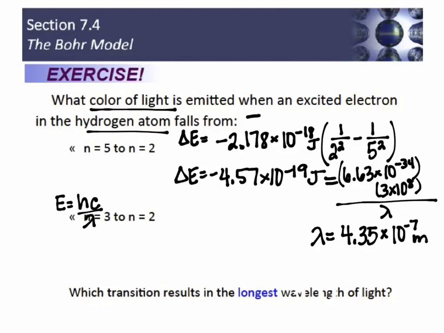If we go back and look at our spectrum, where is that? What color of light is that? UV?